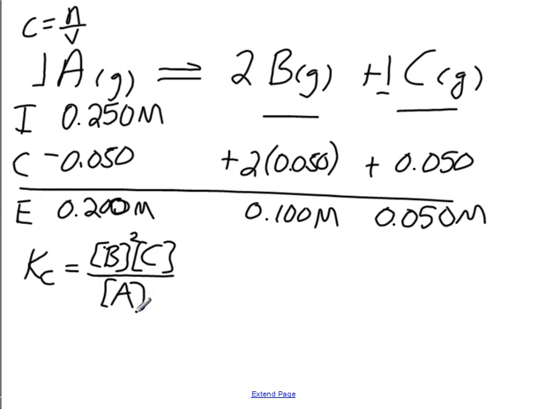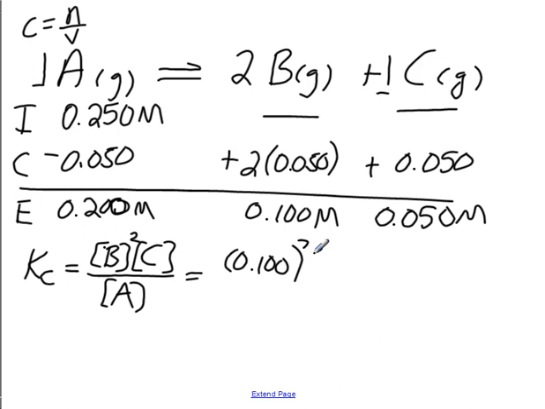We remember products go on the top, multiplied, and the reactants go on the bottom, multiplied. In this case, there's only one reactant. We take the numbers from the equilibrium line of the ICE table, and we're going to calculate Kc. So for B, it was 0.1 molarity.